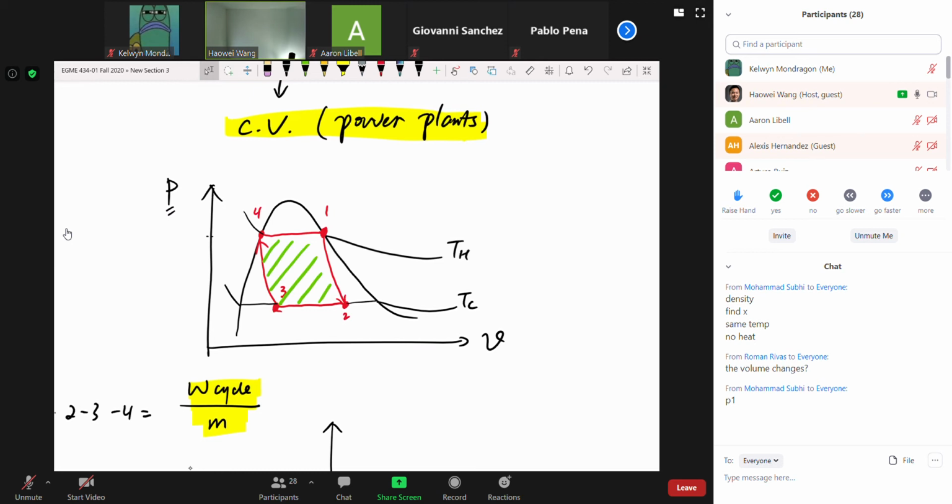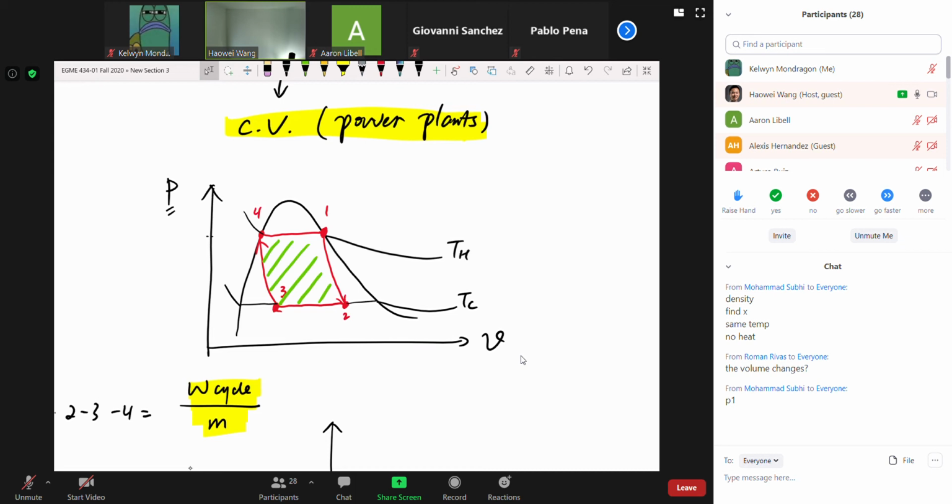Now, at the inlet of the boiler, I have a mixture. What's going to happen to this diagram? You can still leave the vapor dome. 4 to 1 is the boiler, 4 is the inlet, 1 is the outlet.